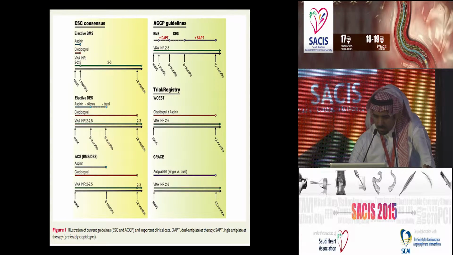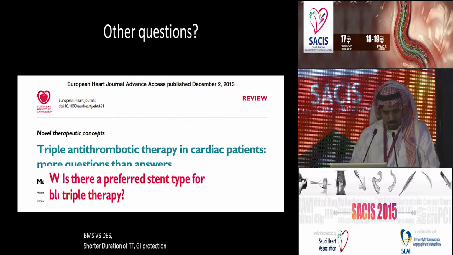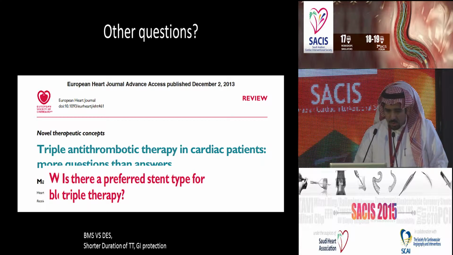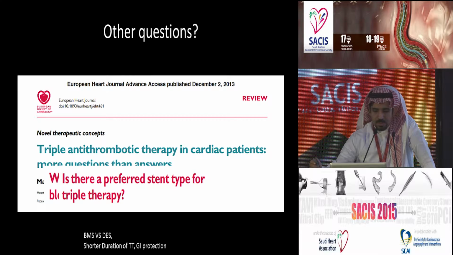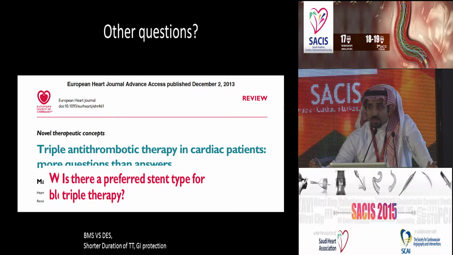So another question. What else could we do to prevent bleeding? Is there any preferred kind of stent that we would use? I think bare metal stents versus drug-eluting stents. So if you were to choose between both in patients who would need triple therapy, probably you would go with the bare metal stent, with shorter durations, as we mentioned.